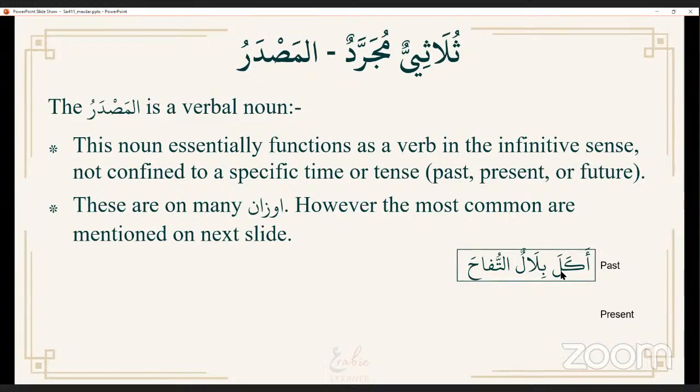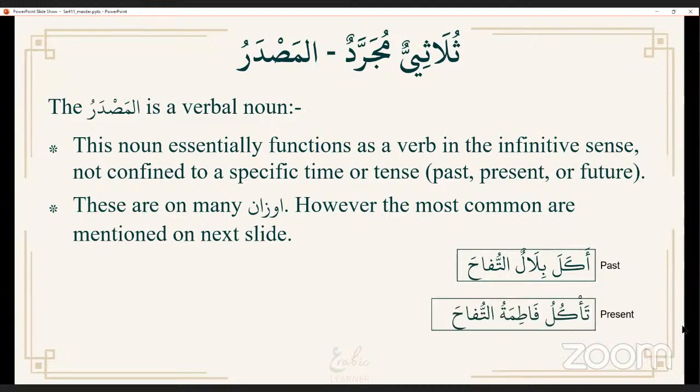For example, if I say akala bilalun at-tuffaha, this is something in the past: Bilal ate the apple. Akala is the fi'l, and Bilalun is the fa'il. And at-tuffaha is an ism, but it is maf'ul bihi, that's why it is mansoob.